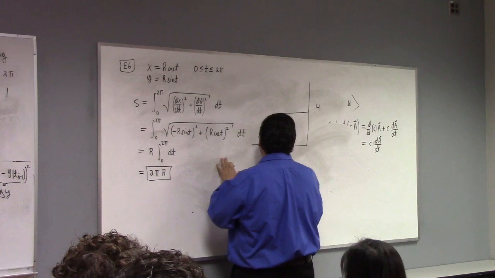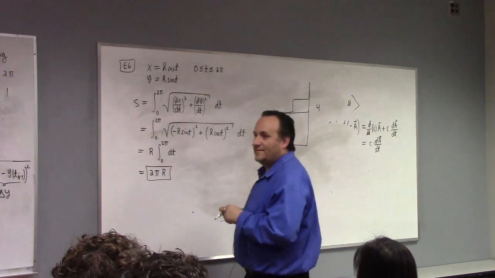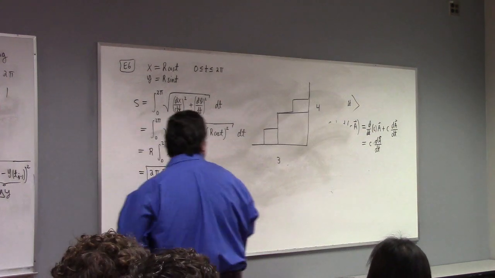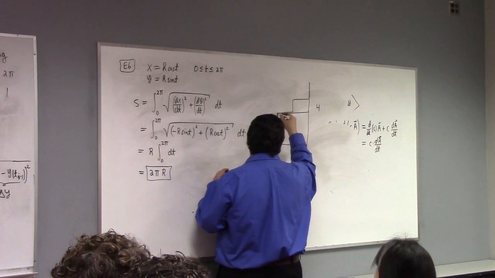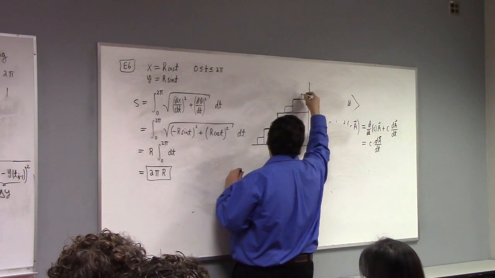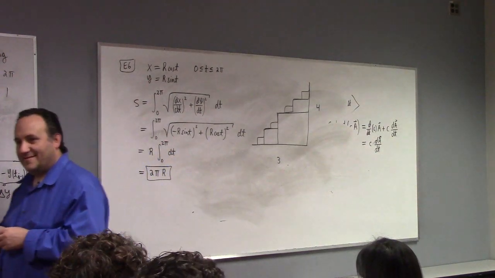Quartersies. How far did I go? 7. All right, very good. Eighthsies. How far did I go? 7, right? 16ths.